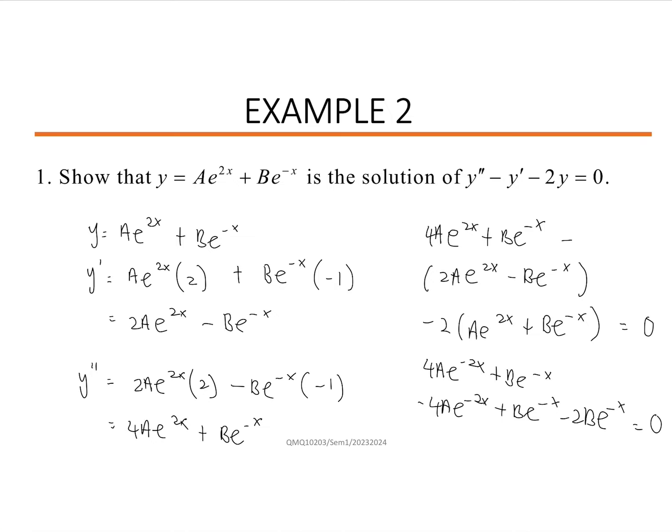So this is equal to 0: 4a minus 4a is 0, and b plus b minus 2b is also 0. Hence, the left hand side equals 0, while the right hand side is also 0. So left hand side equals right hand side. Hence, y is the solution.